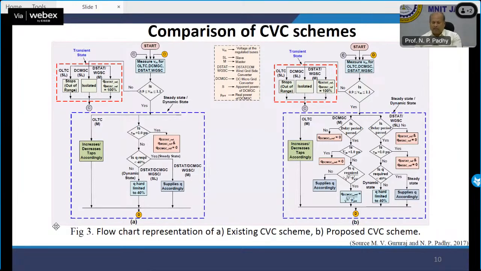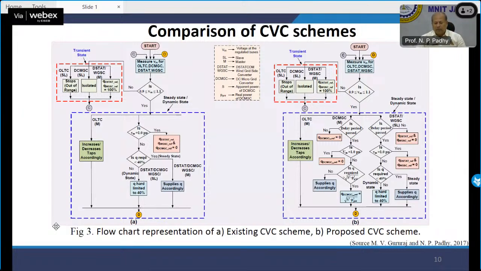Now, if it is passed, yes, then the voltage at that bus will be set to 1.0 per unit. And if it is no, then I go for the steady state, as all the reactive power will be set to 0 because there is no extraction from the converter.